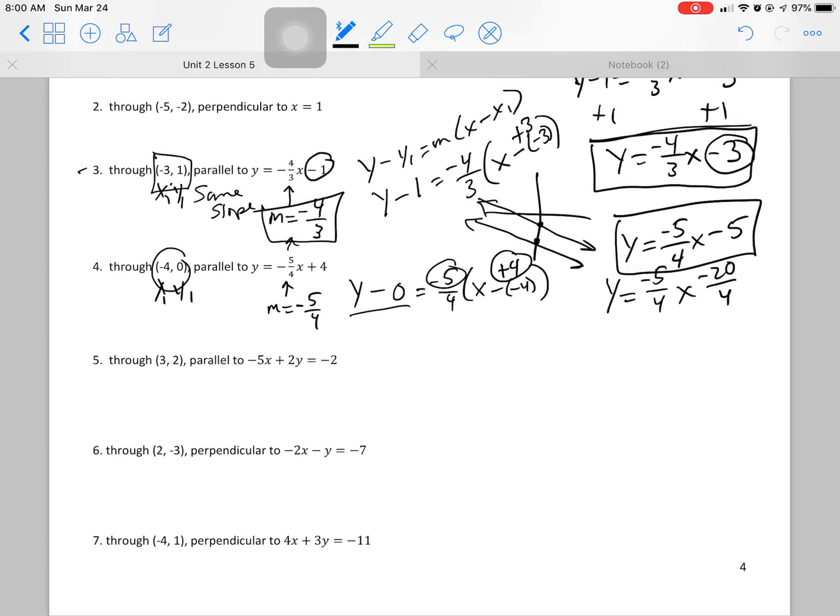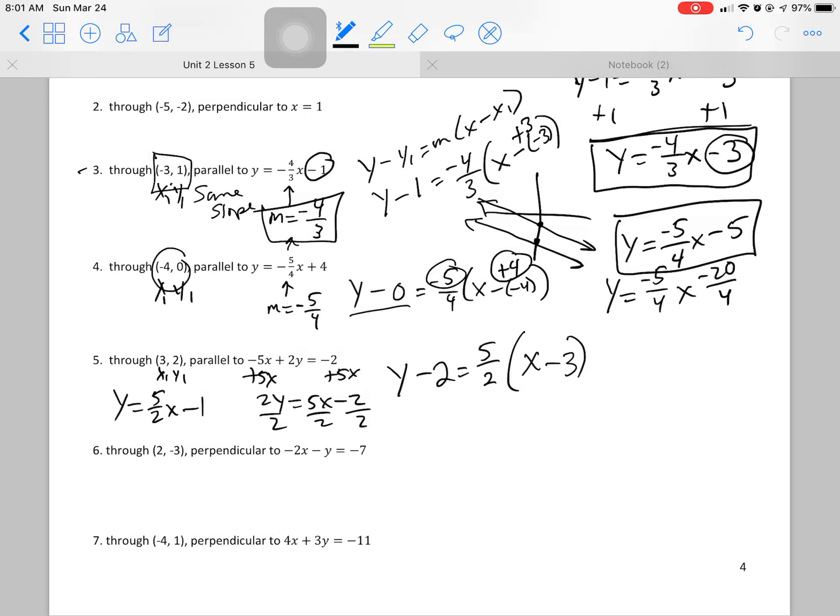All right, here's another one. Parallel to this line, and I can't tell by looking at it what the slope is, so I need to put it in slope-intercept form so I know. 2y equals 5x minus 2. Divide by 2, 2, 2. So y equals 5/2x minus 1. The important point is that my m is 5/2, and here's the line that I need. So y minus y1 equals the slope that I need to make it parallel, times x minus x1.